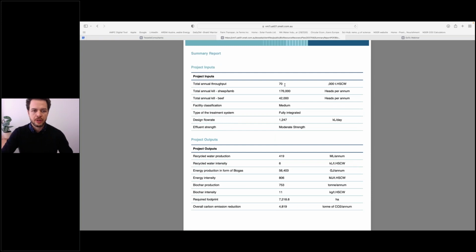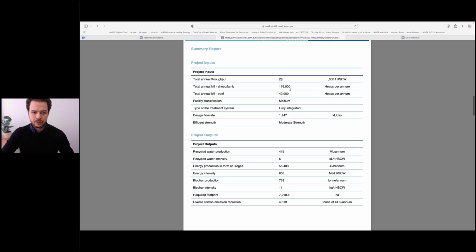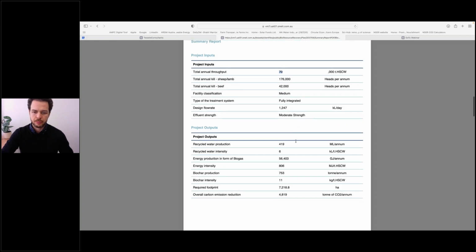So the information we have inserted at the start of the digital tool, for example, our throughput capacity, which is 70,000 tons of hot standard carcass weight per year, the total annual kill of beef and sheep, as well as the outputs of the system will be presented on the summary report.